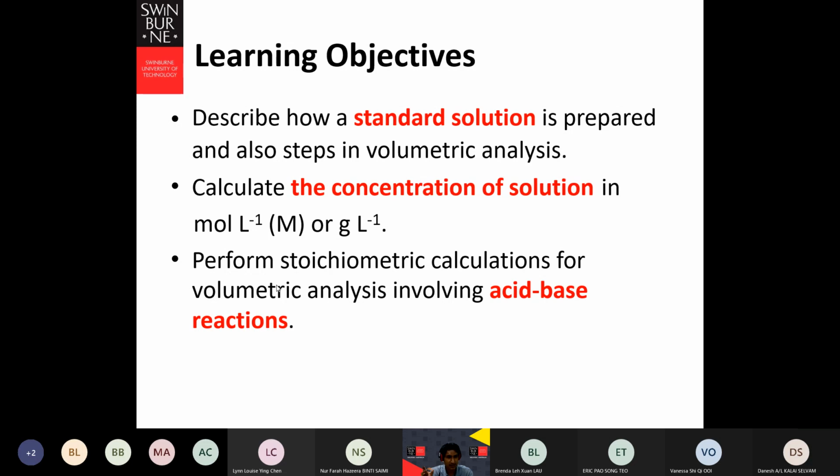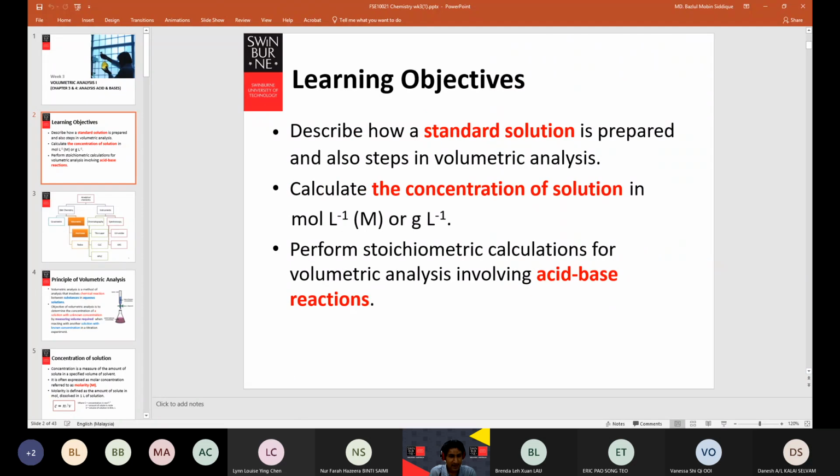Based on that reaction, we will be able to find out the known amount of the other reactant that we used, and it will be based on the stoichiometric ratio. At this point, can anybody tell me what is stoichiometric ratio? Or what is stoichiometry? Can anybody tell me?